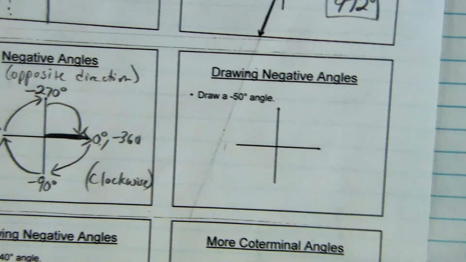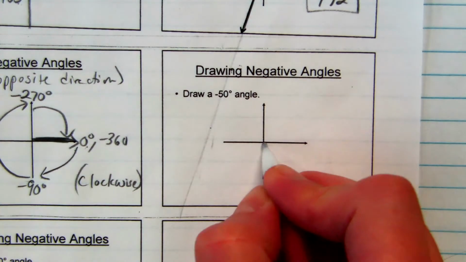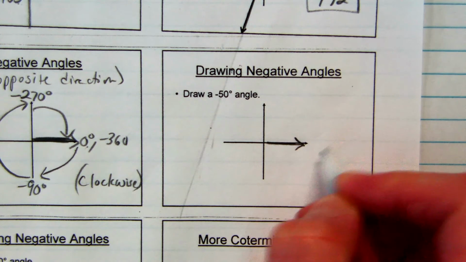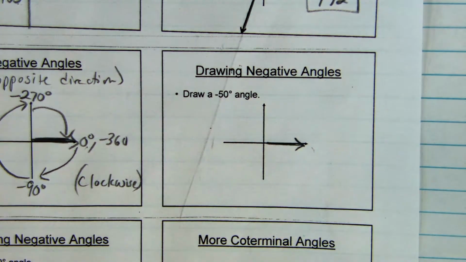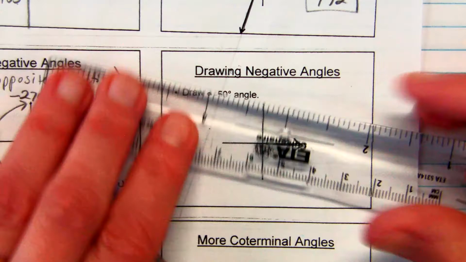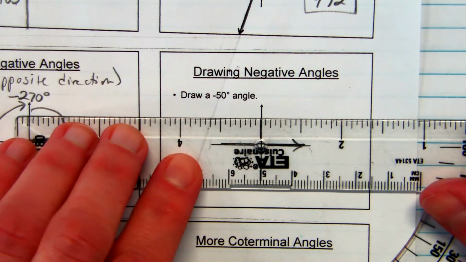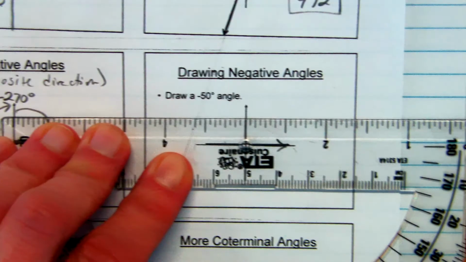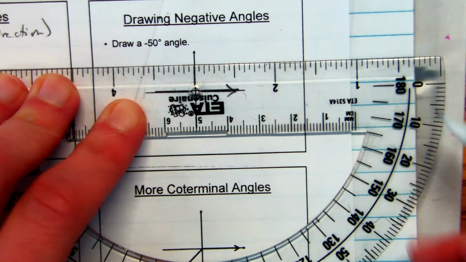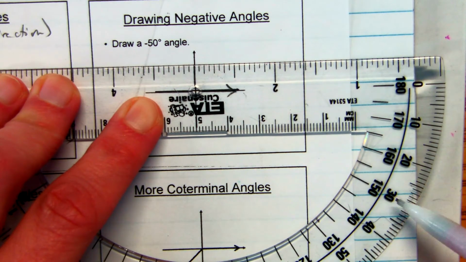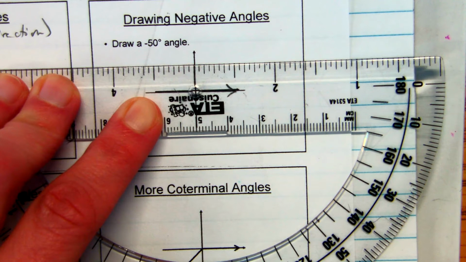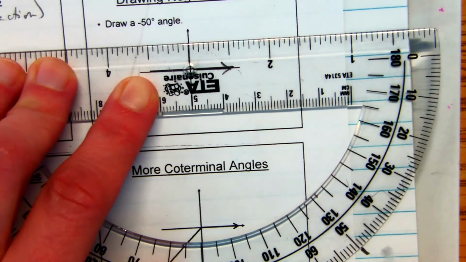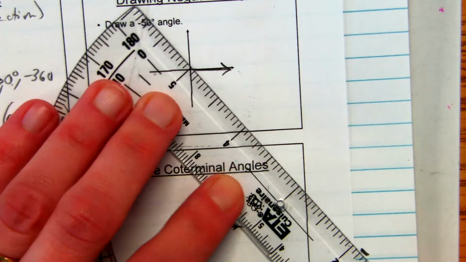So if I'm going to draw a negative 50 degree angle, I'm still starting from here, but I'm going this way. So I turn my protractor upside down, and I want to use these numbers, 0, 10, 20, 30, 40, 50. So I'll make my mark. Now I'm using the other ones.